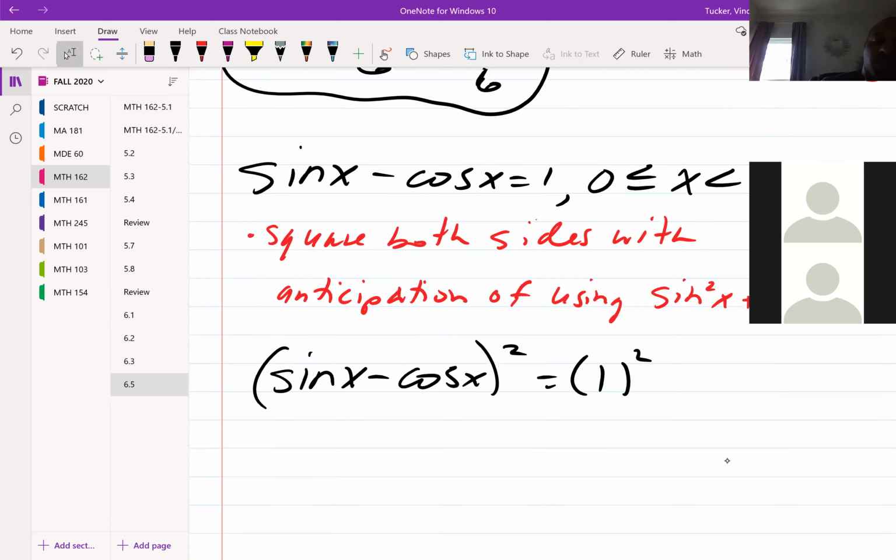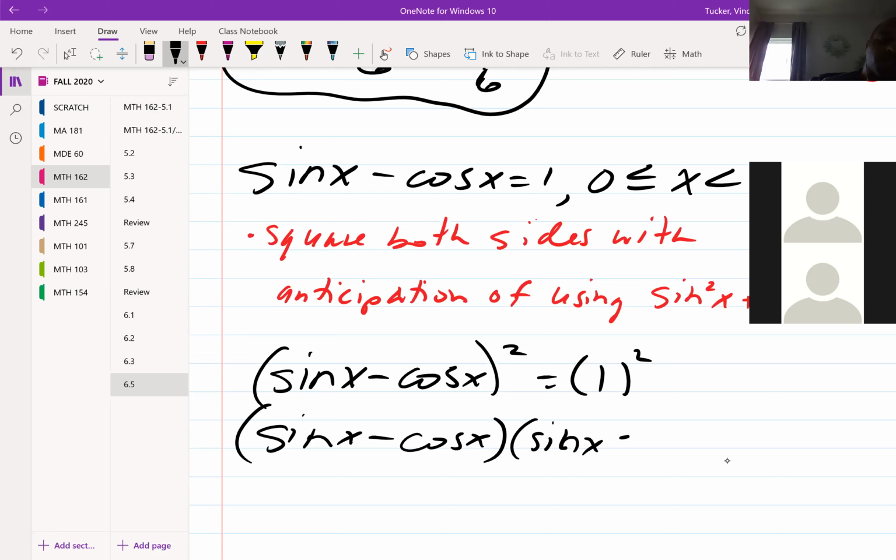All right, so we'll expand that. Remember, that's going to be sine x minus cosine x times sine x minus cosine x equal to 1.